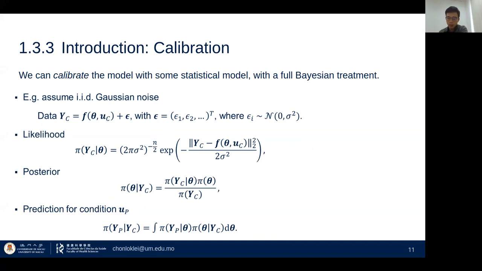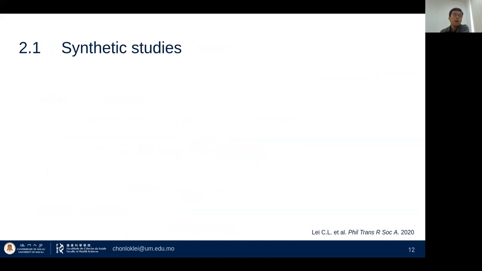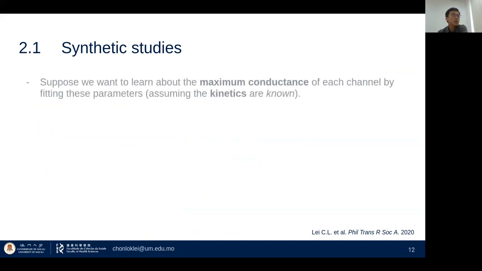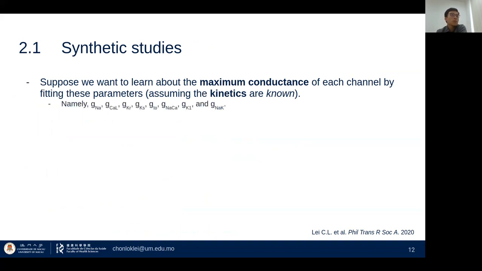So that is the calibration that we will use when I show you the synthetic data example. Now let's talk about the settings of this synthetic data study. Like I said just now, suppose that we want to learn about the maximum conductance of each individual current or each current channel type by fitting the following parameters, the major types of currents of a cardiac action potential model, while assuming the kinetics are known.